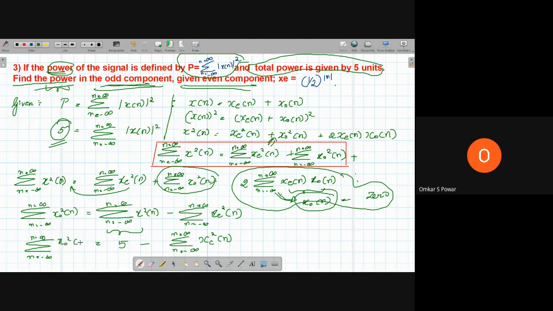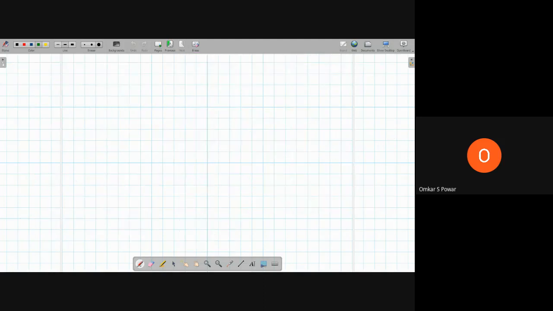Now we want to find this part. What is the power in the even component? If we find it and substitute, we will get the power in the odd component of the signal. Now let me use a new page.